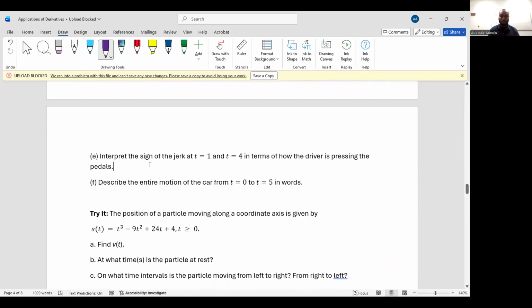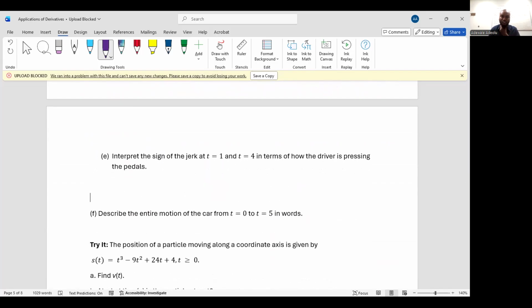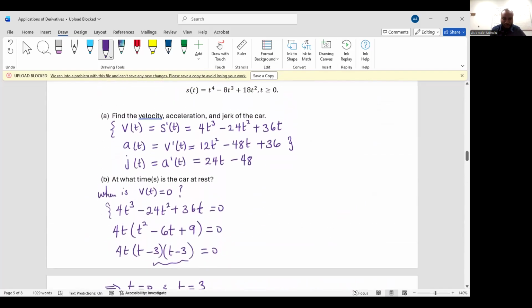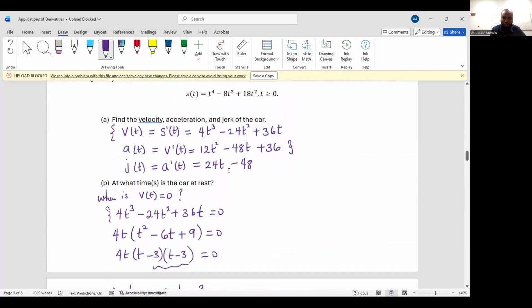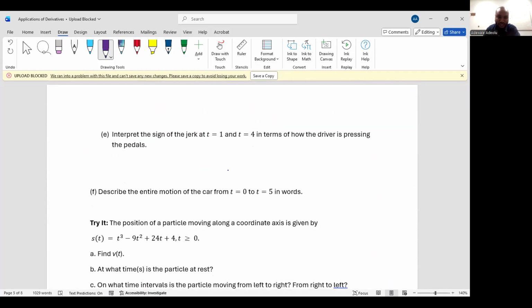Okay, interpret the sign of the jerk at t equals 1 and t equals 4. What is our jerk function? Our jerk function is 24t minus 48. So jerk, j of t is 24t minus 48.